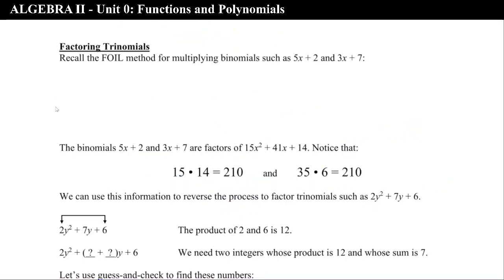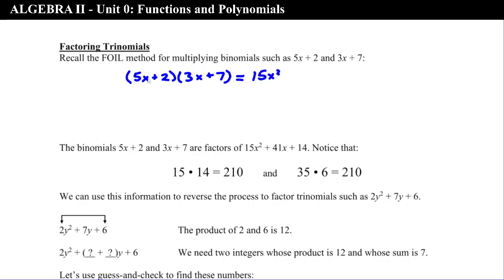All right, now let's talk about factoring trinomials. Okay, you may recall the FOIL method for multiplying binomials. Okay, we went over that not long ago. So if we have 5x plus 2 times 3x plus 7, and we were to do the FOIL method on this, we would end up with the first two terms multiplied together, which would be 15x squared.